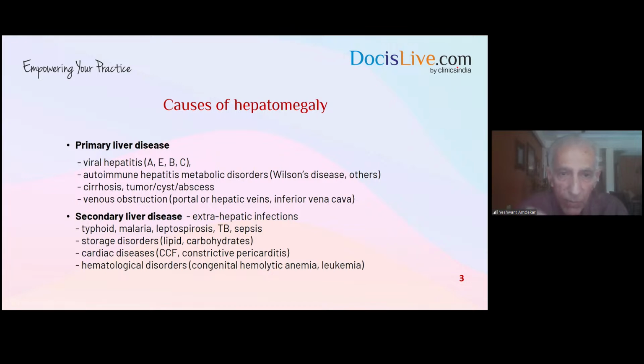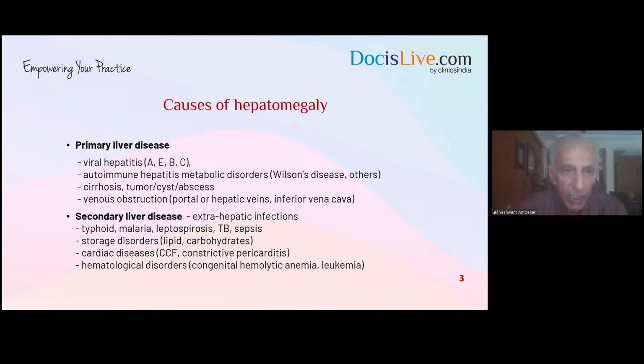The third group is metabolic liver disorders, and these are not very rare, especially Wilson's disease, where copper is getting accumulated, and some rare storage disorders form this metabolic group.